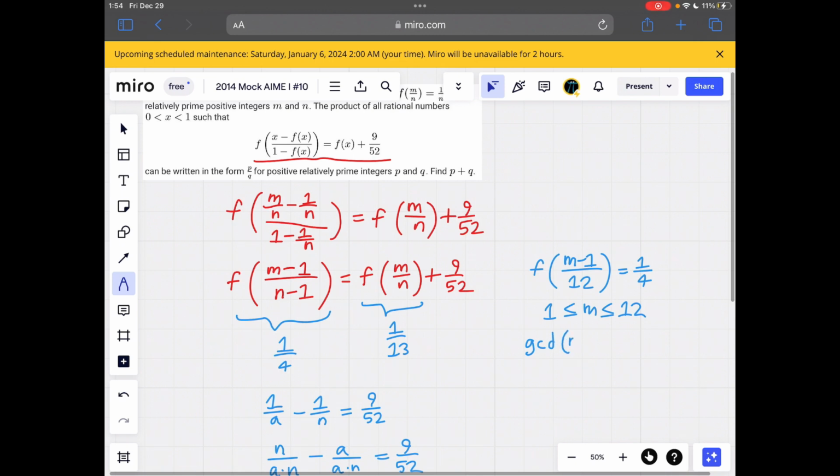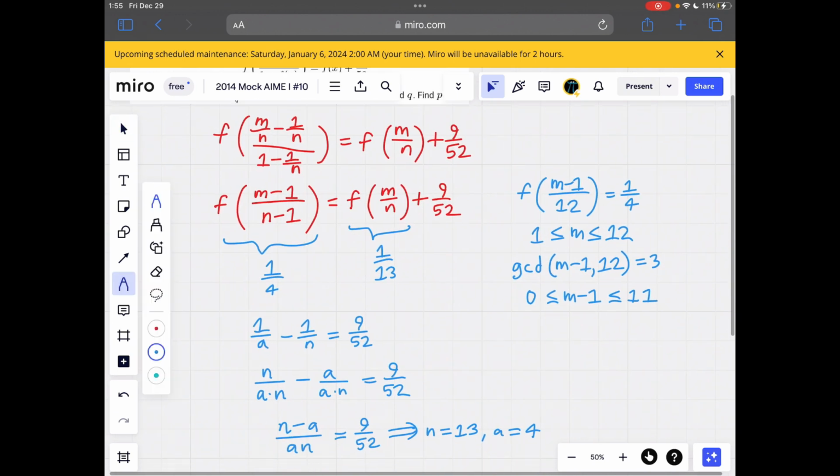So we must have that GCD of m minus 1 and 12 is equal to 3. Here we have 0 is less than or equal to m minus 1 is less than or equal to 11. The only possible values of m minus 1 between 0 and 11 for which the GCD with 12 is equal to 3 are m minus 1 equals 3 or m minus 1 equals 9. So m is either equal to 4 or 10.